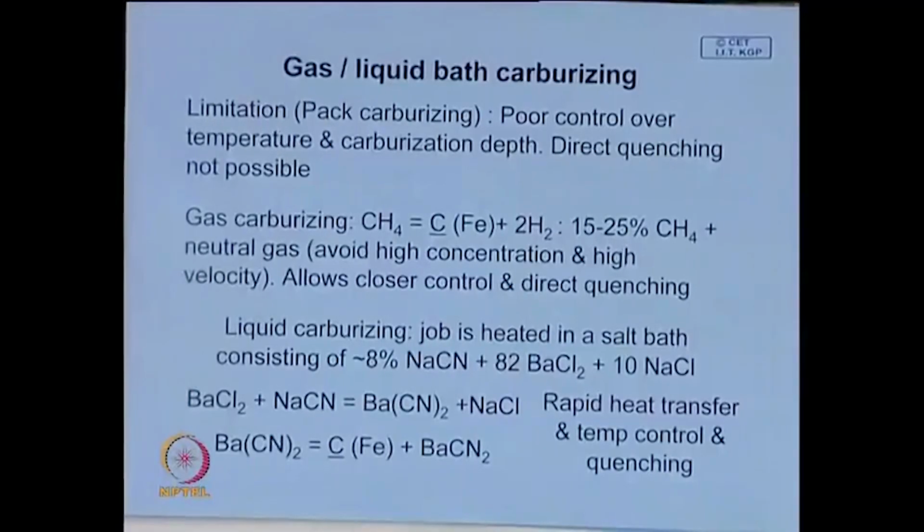And now let us see, there are certain limitations in pack carburizing. In pack carburizing, of course, it is very easy. You pack it in a box consisting of the carburizing mixture, but after you have done the carburizing, you can't, like in induction hardening, spray water, cool, or quench.